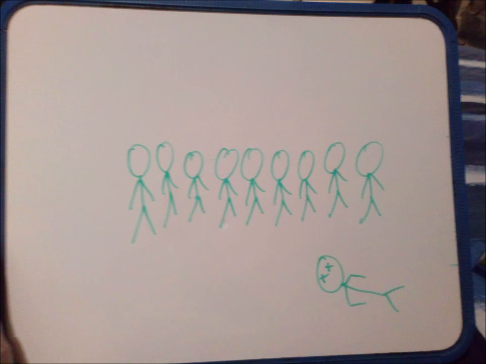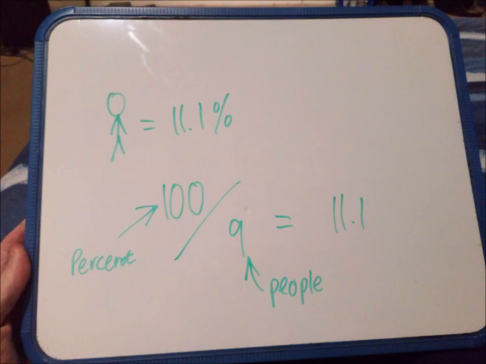This is because the green people are the only people left on the island, so there are no red people to count. What percentage of the island's population does each of these 9 green people represent? 11.1%, because 100 divided by 9 equals 11.1.